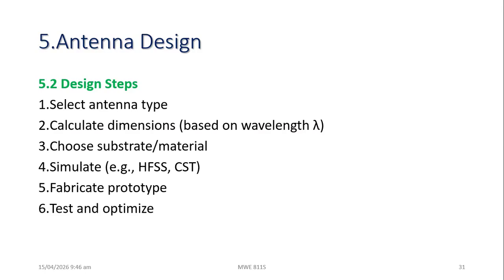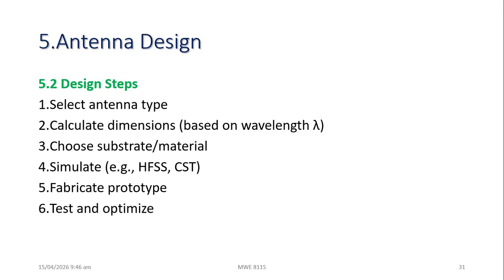So once you are satisfied with all the tests and you've done all the things that need to be corrected, that's optimization. Maybe the final prototype needs more or less dimension. So you are optimizing for maximum gain, for maximum performance.